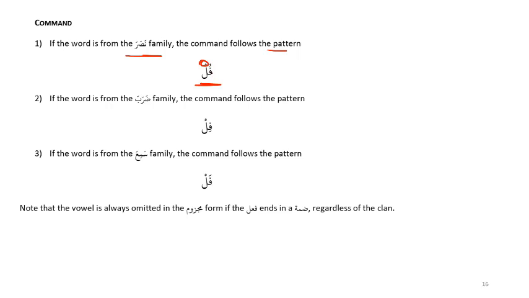How do you figure out whether the fa will have a dhamma, kasra, or a fatha? For Nasara, it's a dhamma. For Daraba yadribu, it would be a kasra. And Samia yasma'u, it would be a fatha. So it all builds on material we've seen earlier.